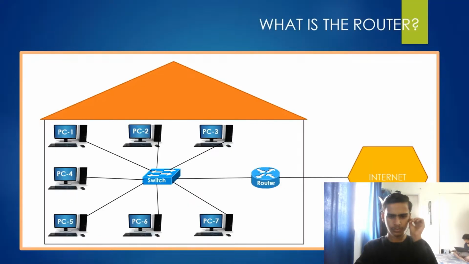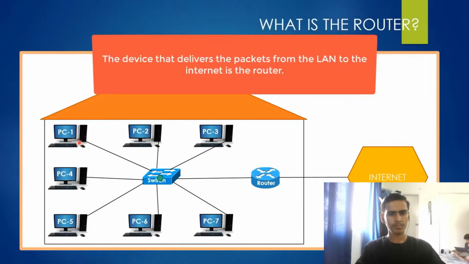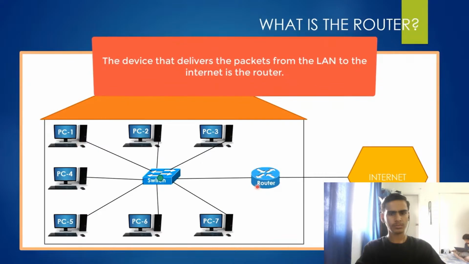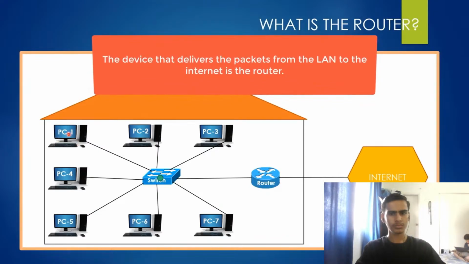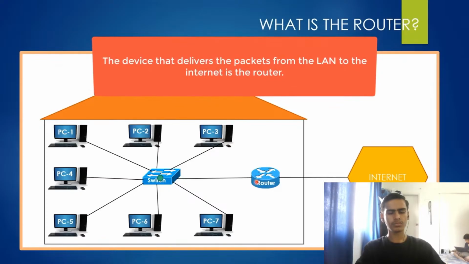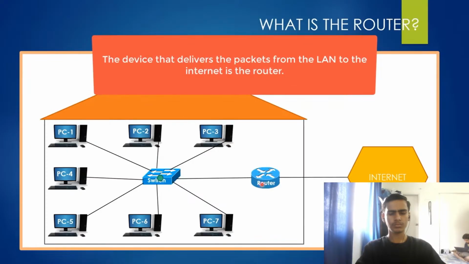To be able to do this, first, PC1 must send its packet to the switch just like before, because there is no other way for PC1 to reach the router, right? If PC1 wants to send a packet to the internet, this packet must reach the router no matter what, because the router is a door to access the internet.